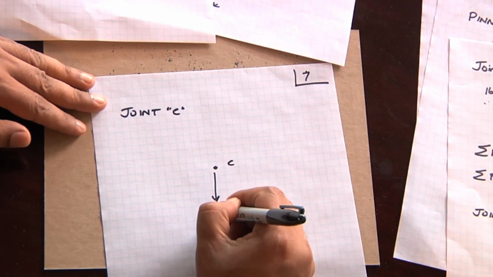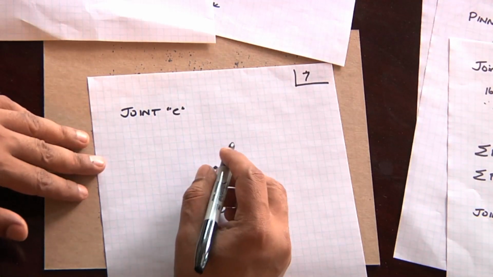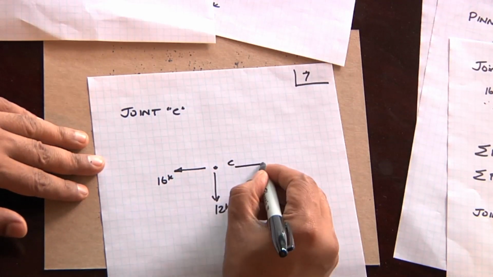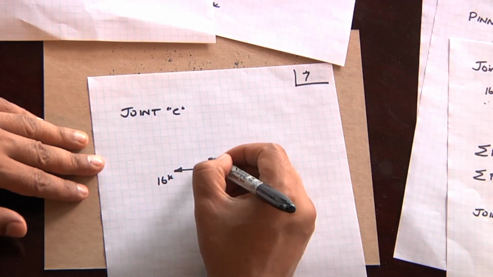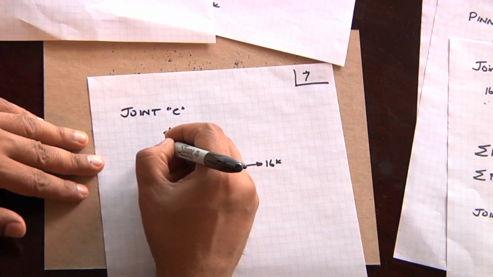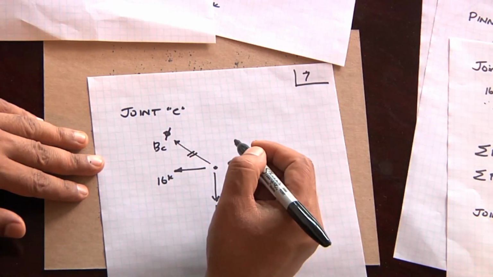We have 12 kips going down. We have 16 kips in compression on the left-hand side, balanced by 16 kips on the right-hand side. We have a chord load, which is 0, which we calculated. That was the lowercase bc, which we calculated as being 0. So that's not doing anything.